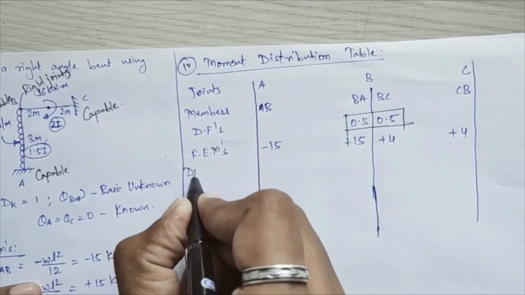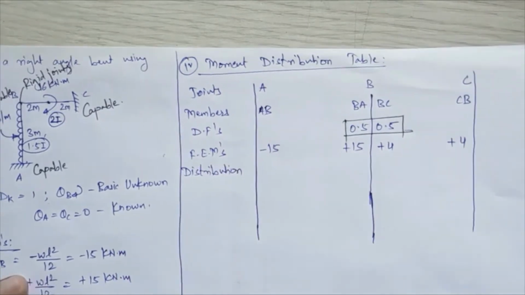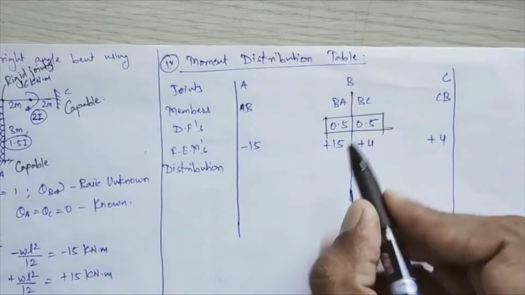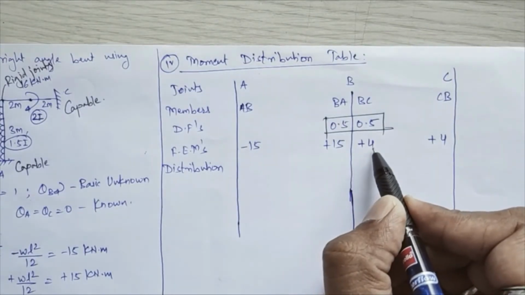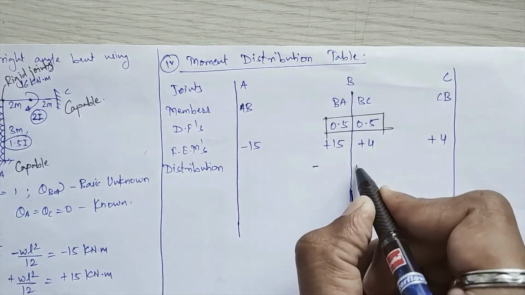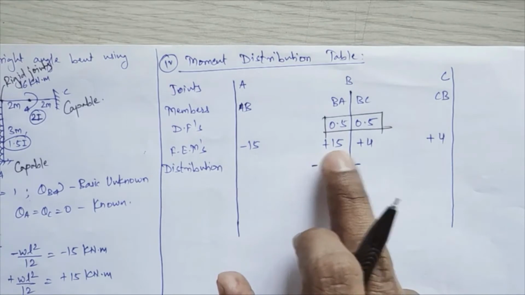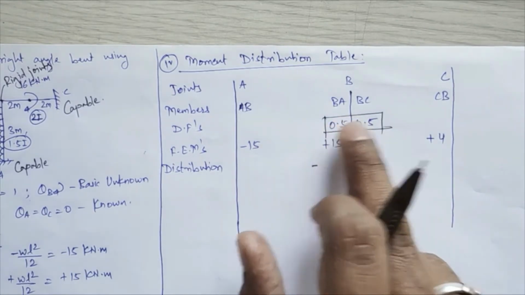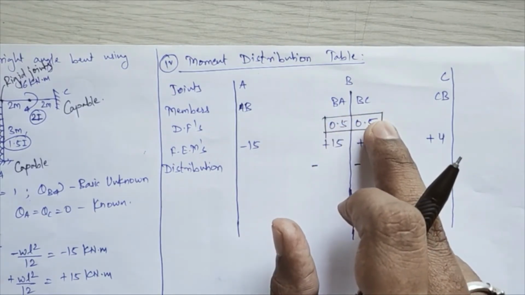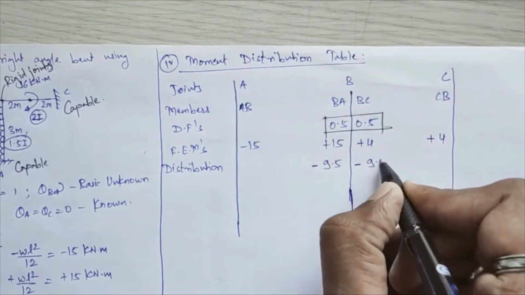Directly what we'll be doing is the distribution of moments. Distribution of which moments do you have to do, for which distribution factors you have calculated. So 15 plus 4 comes equal to 19. That is positive in nature, so distribution will be with opposite sign, so that will be minus 19. So 19 into 0.5 and 0.5 comes equal to minus 9.5 and minus 9.5.